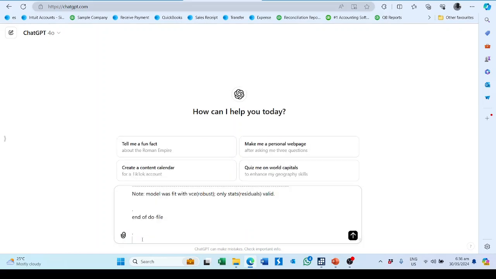So I copy and paste, and the prompt I'm giving it is: interpret and discuss the implications of the SEM to stakeholders. So let's see how it goes.